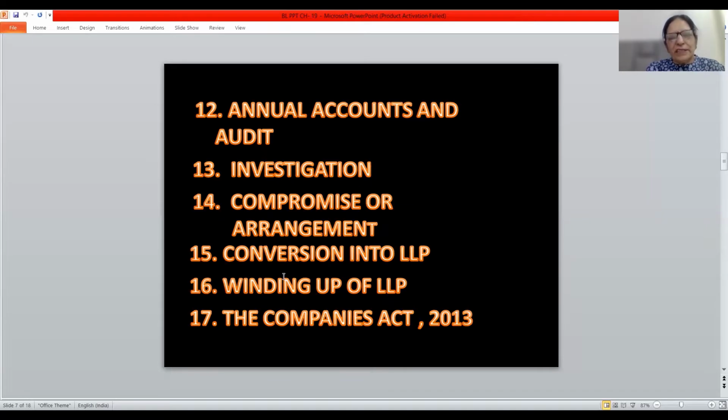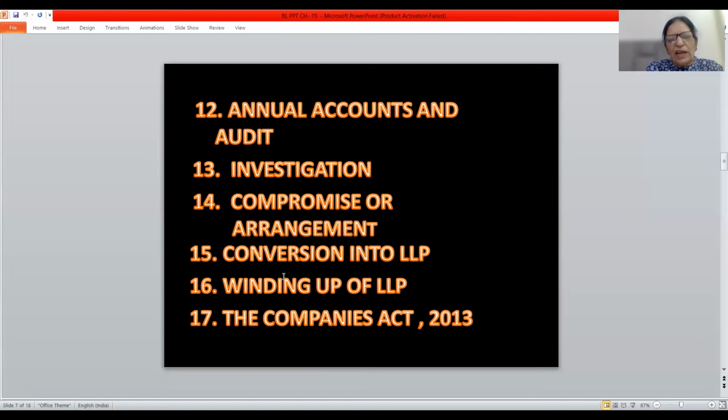Next point is annual accounts and audit. An LLP is required to get its accounts audited where the turnover exceeds 60 lakhs or the contribution exceeds 25 lakhs. Investigation. The central government has the right to investigate into the affairs of the LLP.